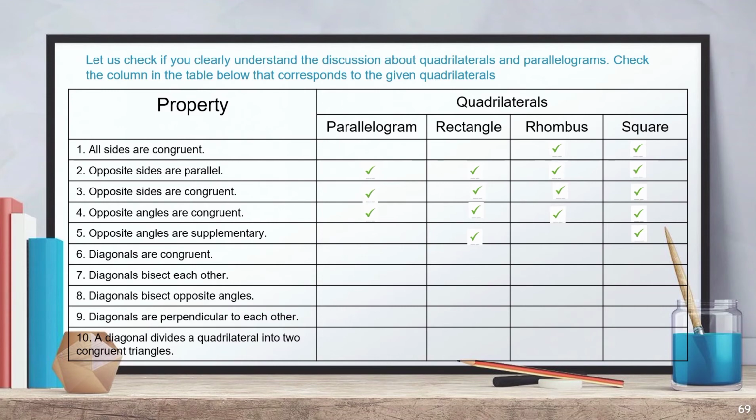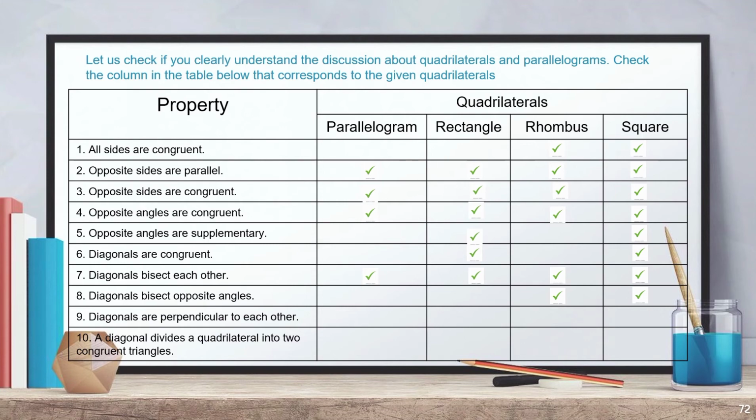Property number 6. Diagonals are congruent. So we have still rectangle and square. Number 7. Diagonals bisect each other. So we have parallelogram, rectangle, rhombus, and square. Number 8. Diagonals bisect opposite angles. So we have only rhombus and square.